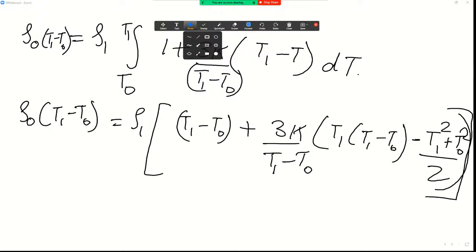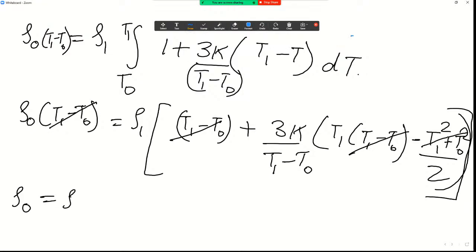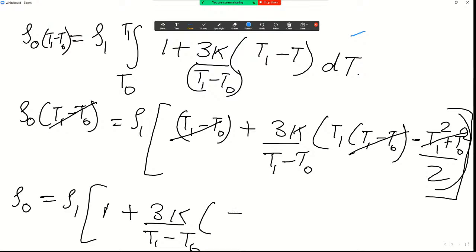So this will be cancelled out. So we have rho naught equals rho 1 times (1 plus 3K by (T1 minus T0) multiplied by (T1 minus (T1 plus T0) by 2)).